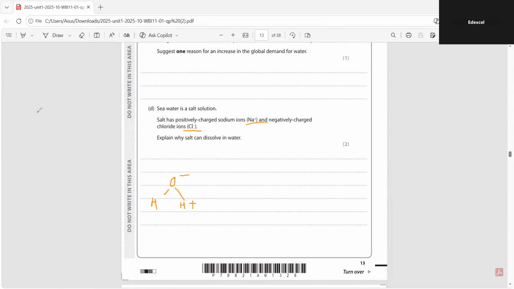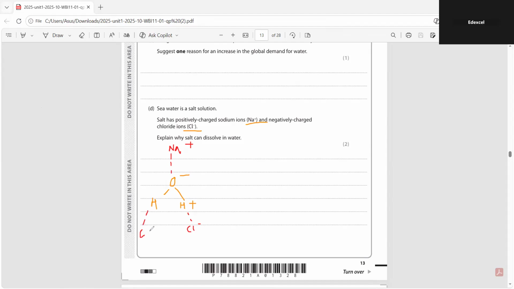Na plus is positive, so it is attracted to oxygen because oxygen is negative. And the Cl minus will be binding to the hydrogen, which is the opposite charge.